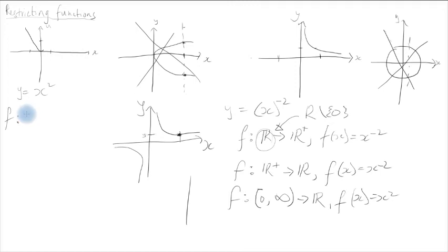So I'm going to include, whoops, doing this the wrong way around. So it goes off to negative infinity to 0, but it includes 0, gets mapped to real numbers, and f of x, the rule is f of x equals x squared. So there we go, that function has now been restricted.